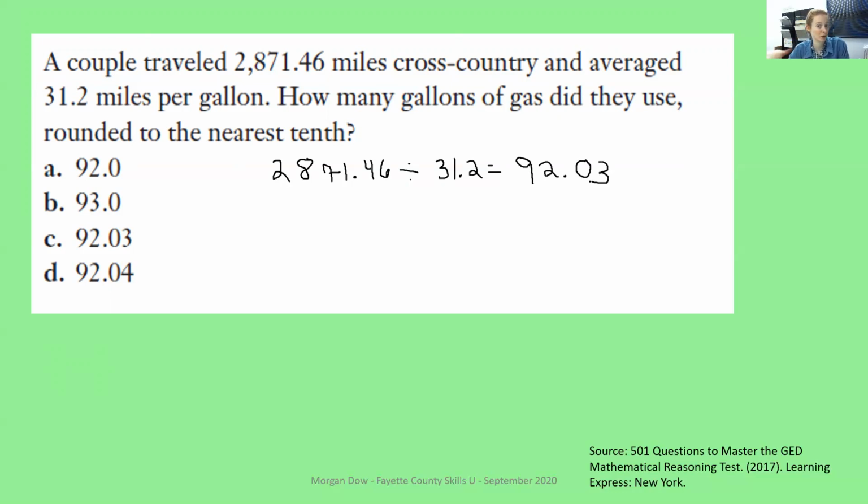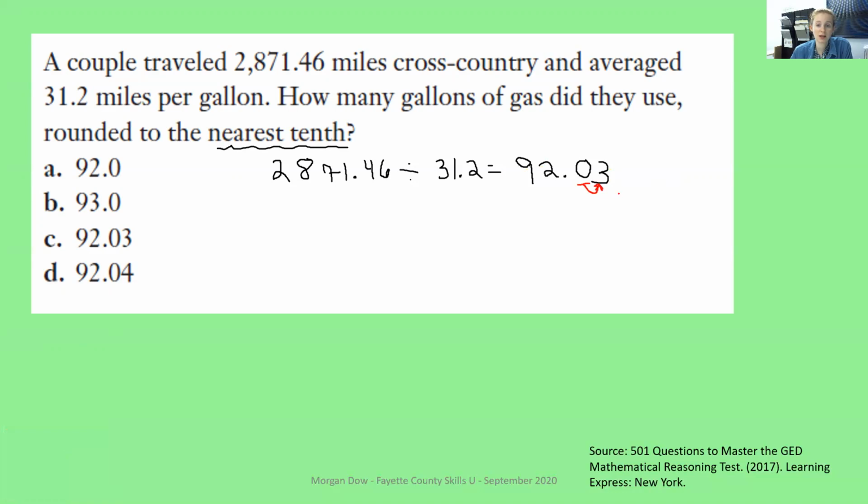I don't need to worry about all of those decimal places because I'm being asked to round to the nearest tenth. So I just need to take this number out to one place past the tenths so I can think about how to round. Which digit here is in the tenths place? The 0 is in the tenths place. So I look next to it, to my 3.